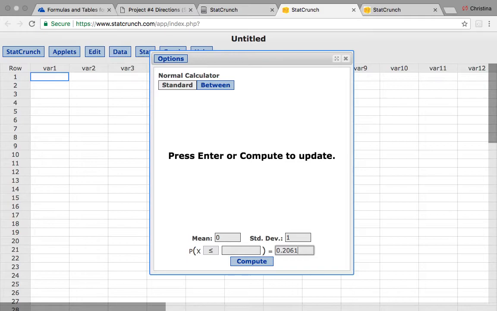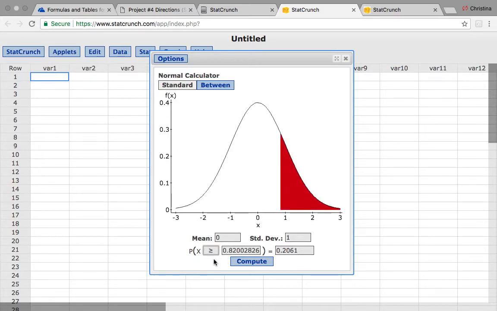We don't know what the z-score is, so we're just going to put in that number and then change the inequality sign to greater than, since our area is the cumulative area to the right, and then it should go ahead and automatically compute it for you. Or you can click compute and then this should pop up.